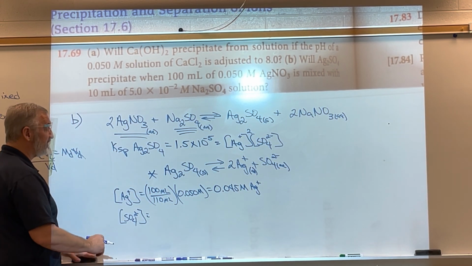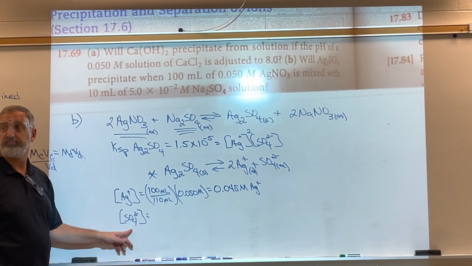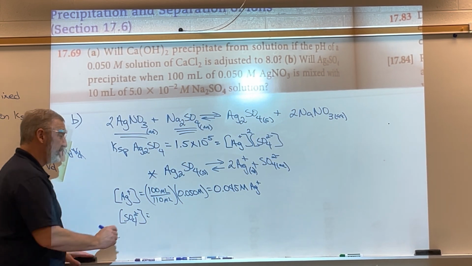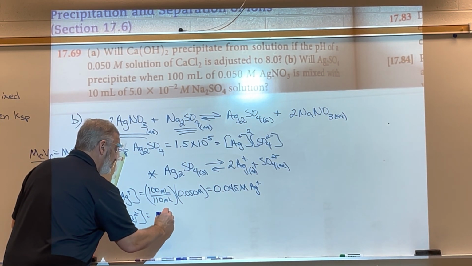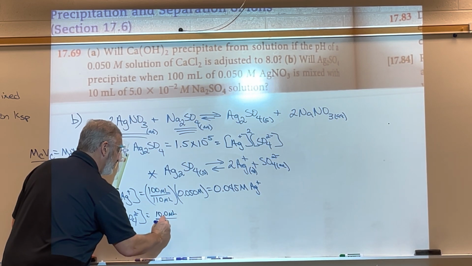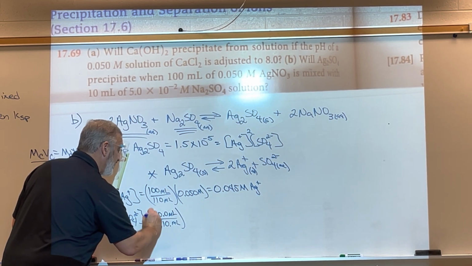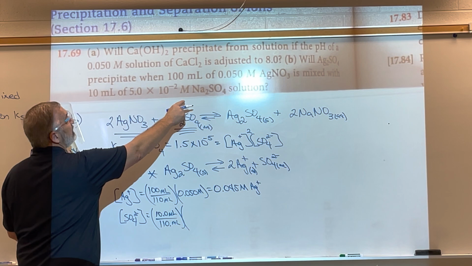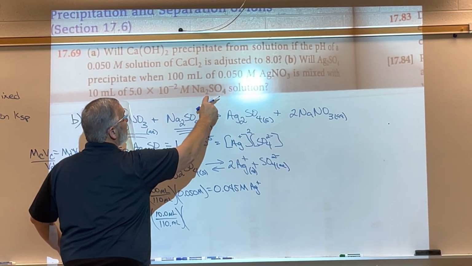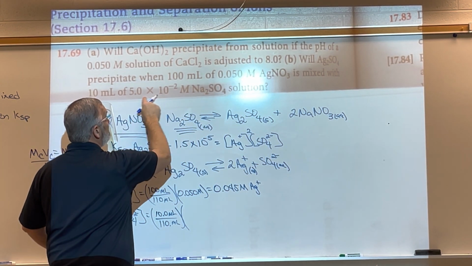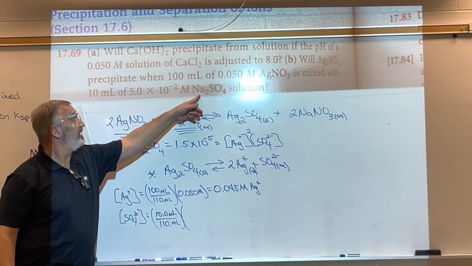Do the same thing for sulfate, except it's going to be what over what? 10 over 110 times my sodium sulfate. And again, it's 1 to 1. If I was looking at sodium here, I'd have to multiply this by 2 because I'm going to get 2 sodiums.